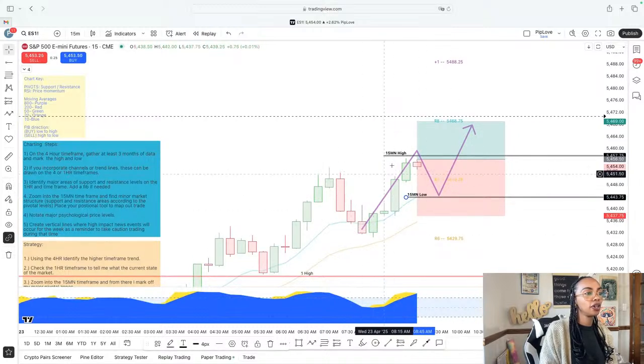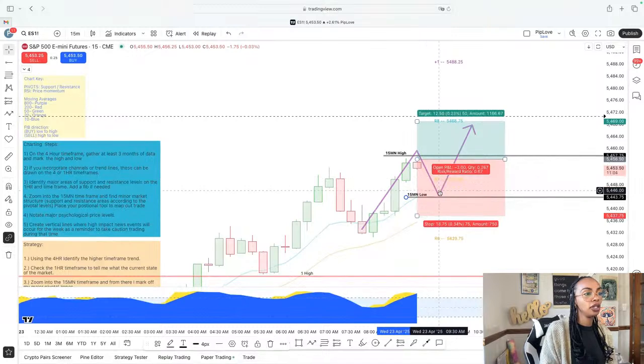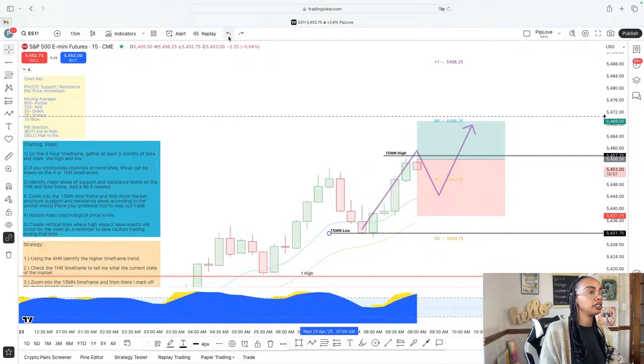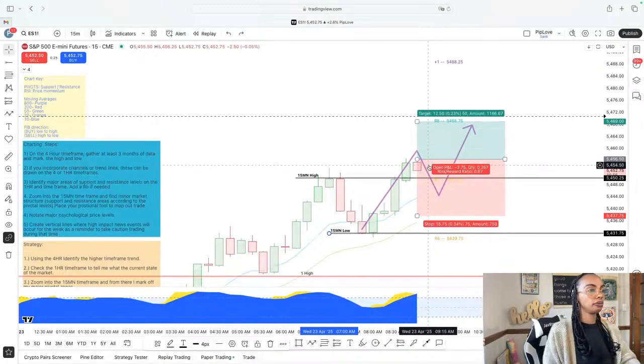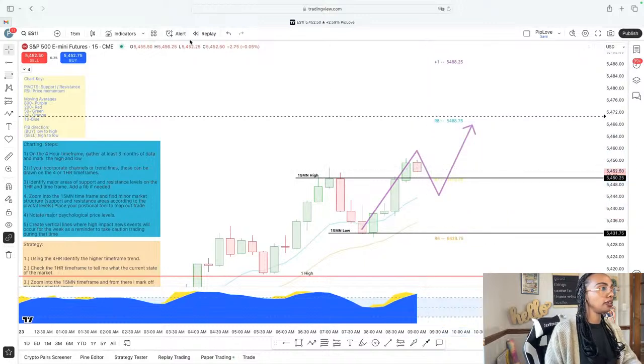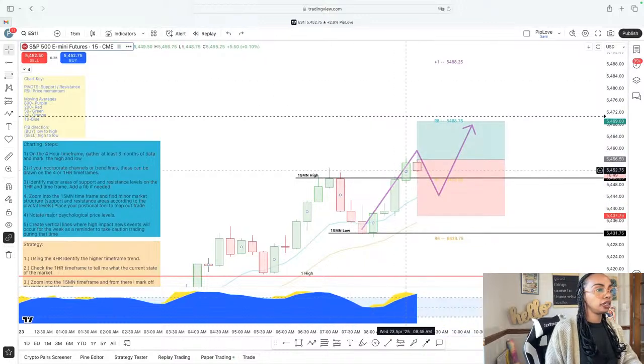We have to confirm it. It has to have a new lower low and a lower high there. So that's why we use our previous levels until the market makes new levels. All right, what was I doing?